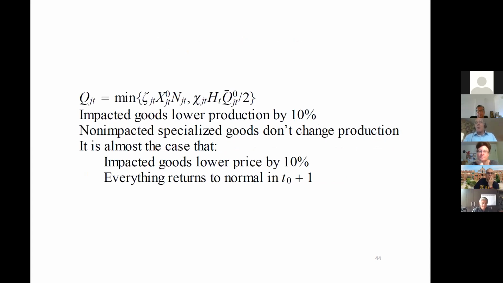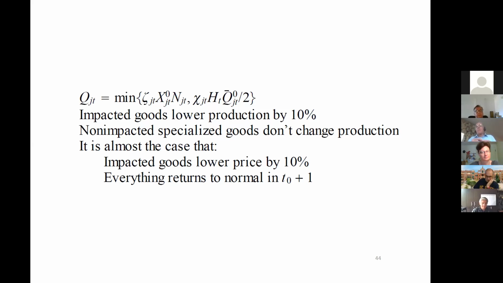So what happens? Well, the impacted goods have capacity to produce more. Demand at the moment, that demand parameter is 10% lower than on the steady state. So what they choose to do, their profit maximizing response to that lower demand, is to lower production by 10%, lower the price by 10%.